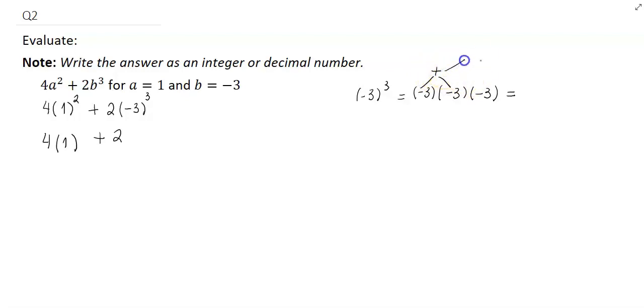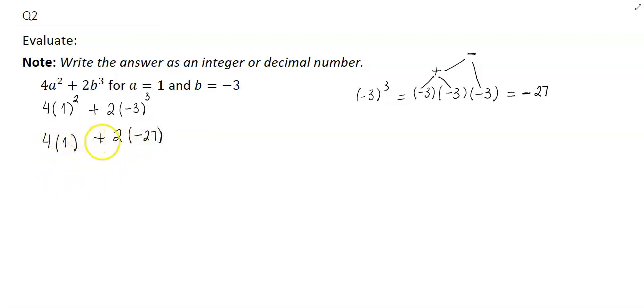Now I have a positive multiplied by a negative number, and the result is negative. So the answer here will be a negative number. Now I multiply 3 times 3, 9, 9 times 3, 27. So the result is negative 27. And I put it between parentheses because it's being multiplied by the 2.